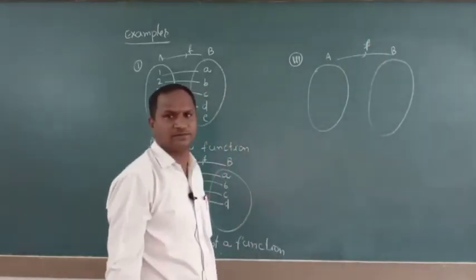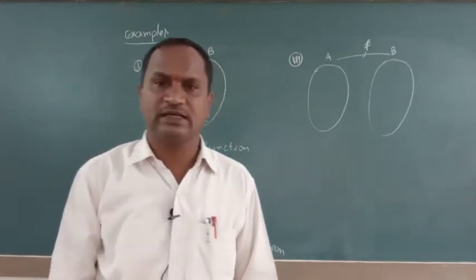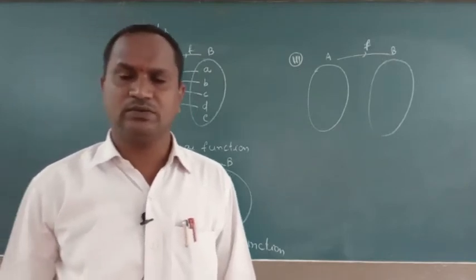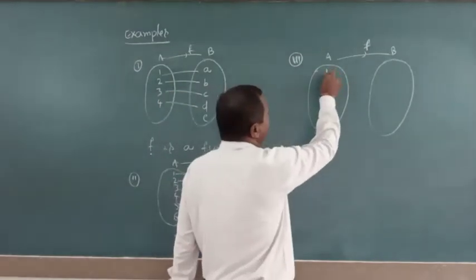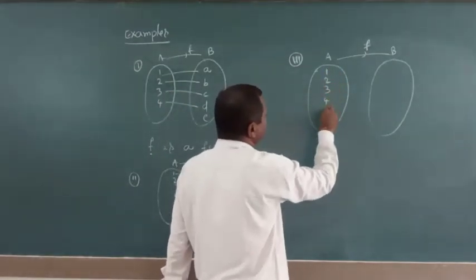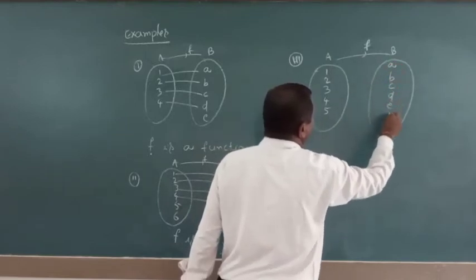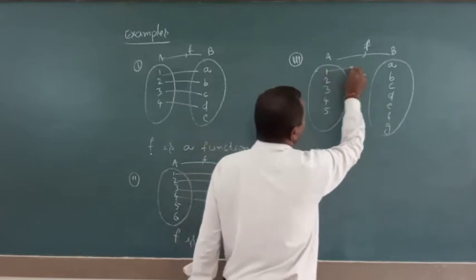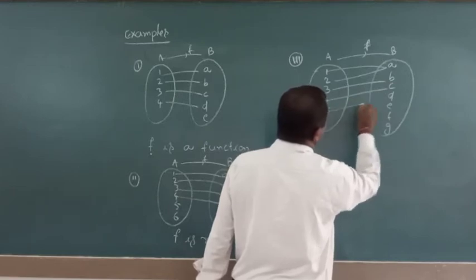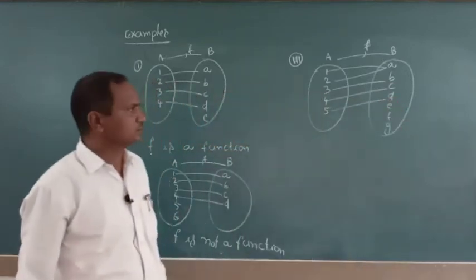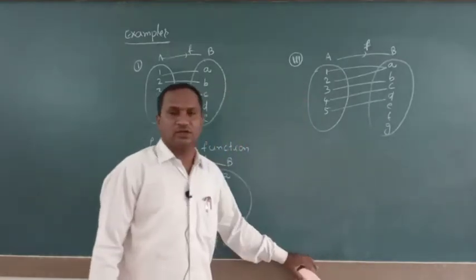Here take some elements 1 2 3 4 5, and some alphabetical letters you can take here. F, G, 1 to A and 2, 3 to B. Is it a function or not?